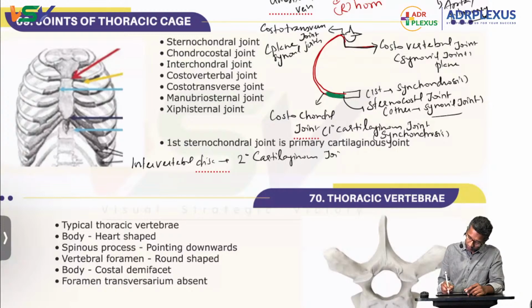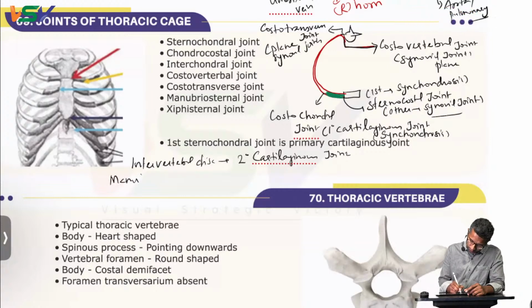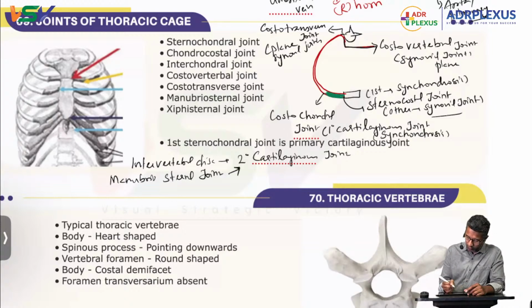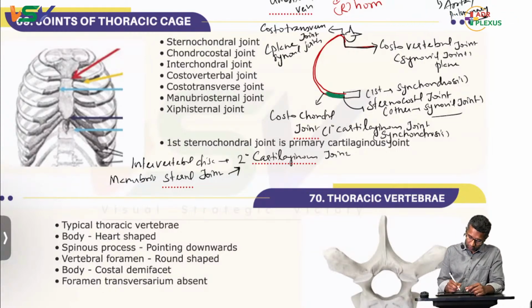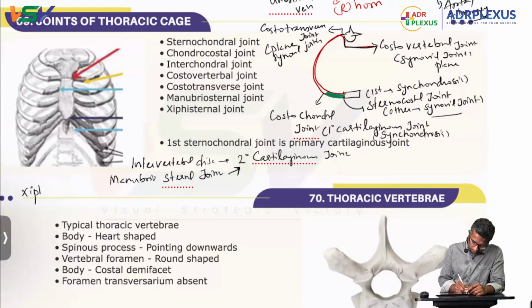In the front, you've got the manubriosternal joint, which is also an example of a secondary cartilaginous joint, whereas the xiphisternal joint, between the body of the sternum and the xiphoid process, is a primary cartilaginous joint.